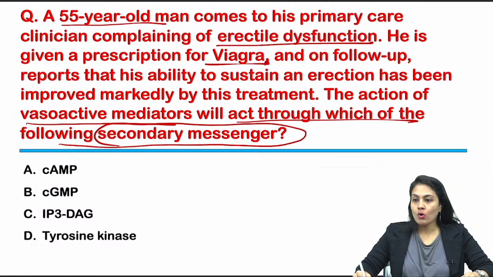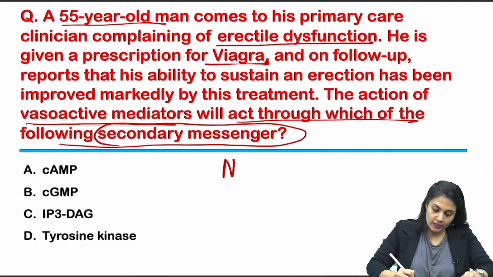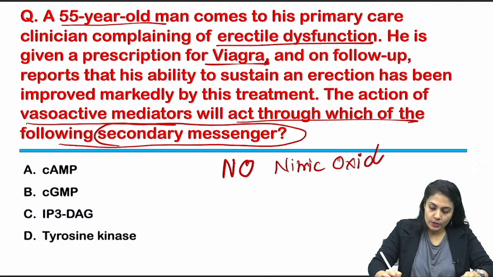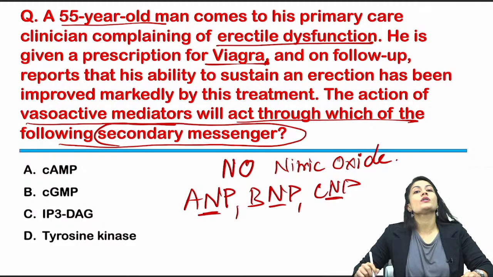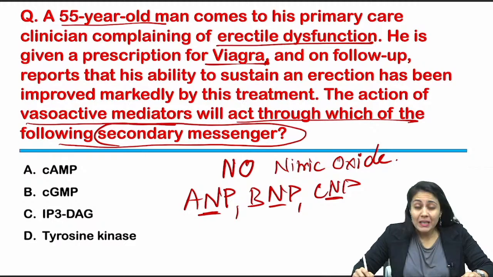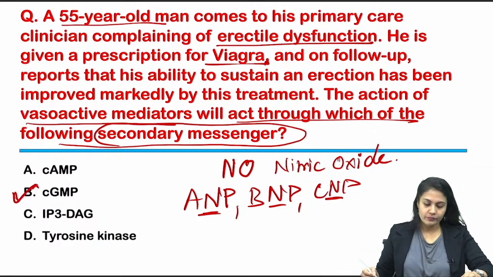Now understand what Viagra is going to do. Vasoactive mediator means it is going to increase the NO. NO is nitric oxide, isn't it? It is going to increase the nitric oxide, and nitric oxide and ANP, BNP, CNP all act through cyclic GMP. Wherever N is going to come, that is going to act through cyclic GMP. Please remember, it is cyclic GMP.